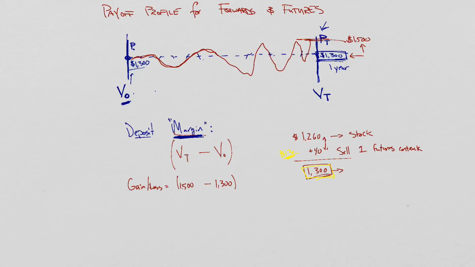So one thing is that we illustrated an example here with buying a futures contract, and I just showed you an example with selling a futures contract. And this example here, the profit, this is for a profit or loss on buying a futures contract.